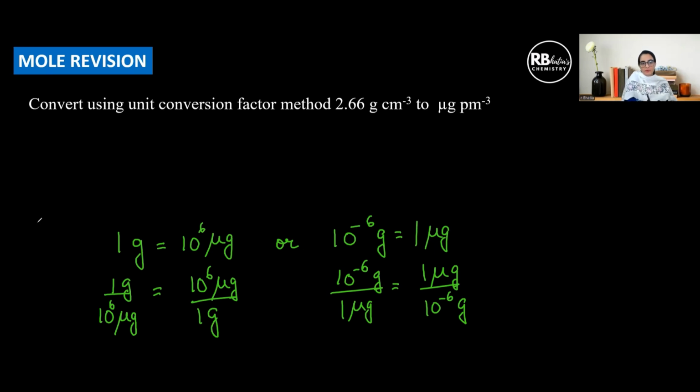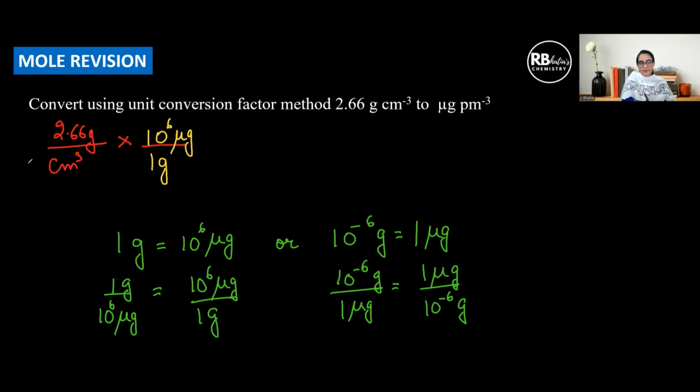So, what do we need to do here? I need to convert 2.66 gram per centimeter cube. First, I'll convert gram to microgram. So, how do I do that? I want to cancel gram, so I'm going to put 1 gram here and 10 to the power 6 microgram here.